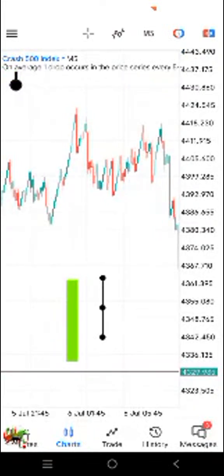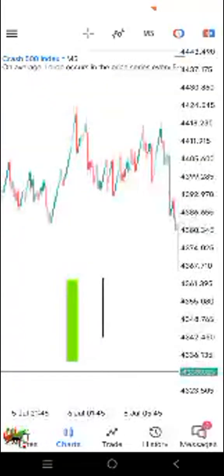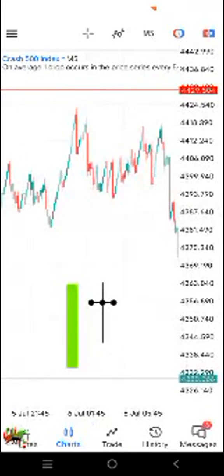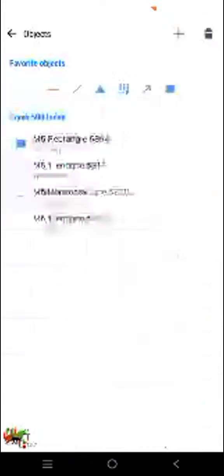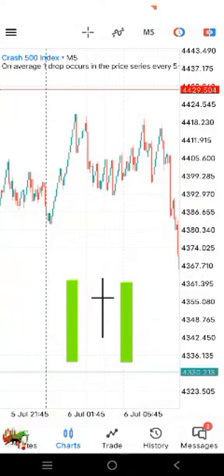and you find somewhere after this candle a type of doji candle, and then again a bullish candle or bearish candle, somewhere on top or somewhere on bottom.